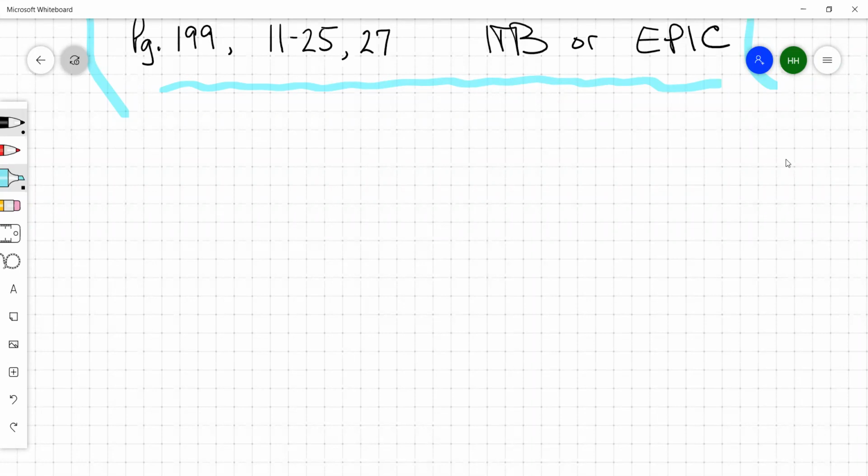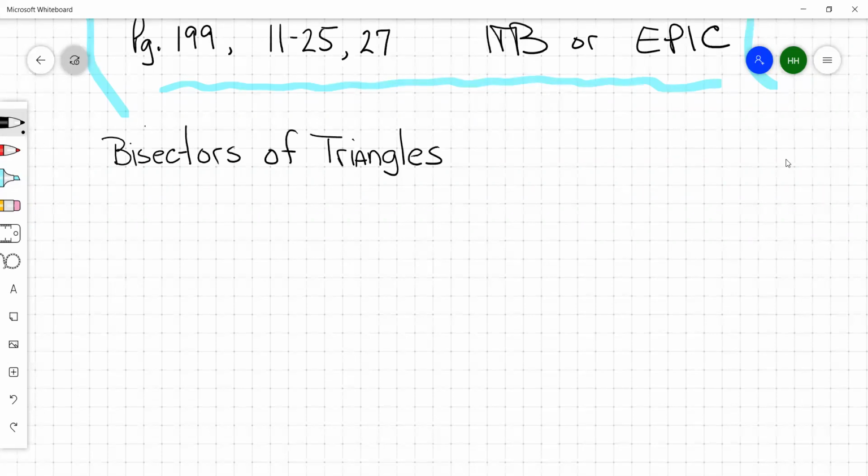All right, today and this week we're going to be talking about bisectors of triangles. And we're going to start with the perpendicular bisector theorem.